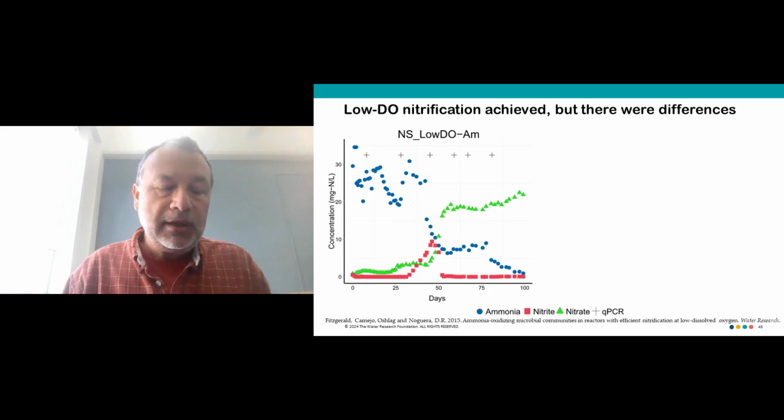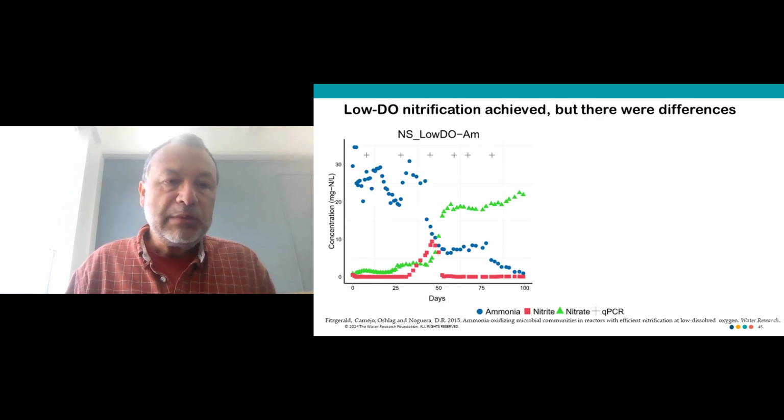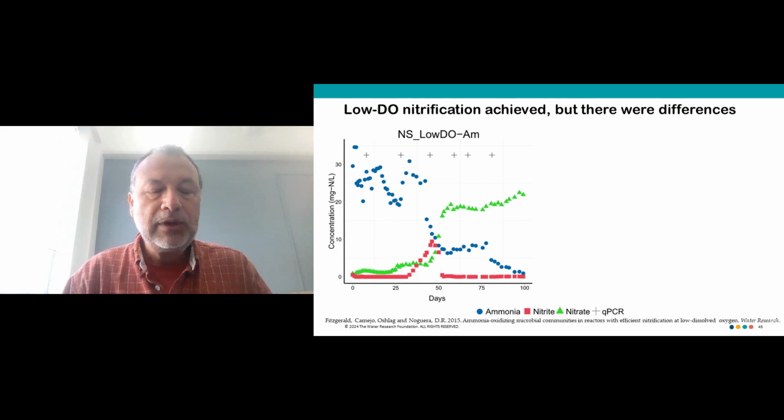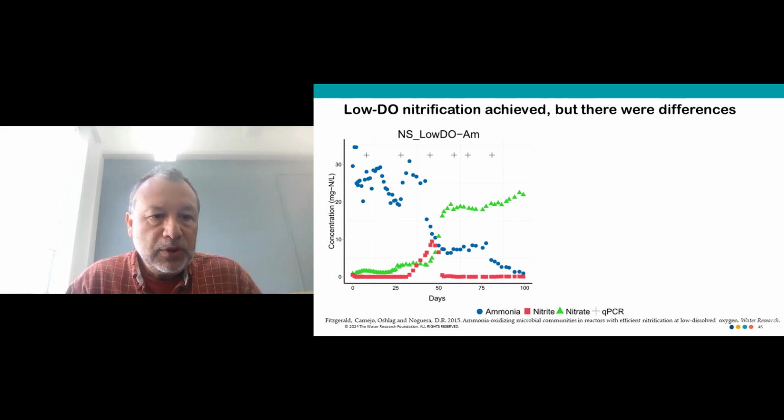And so on. So here is the graph from samples taken from the high DO situation, where ammonia, the blue here, is entering at a concentration that is about the same as in our wastewater treatment plant. It took us about a month and a half before we started seeing real nitrification happening.